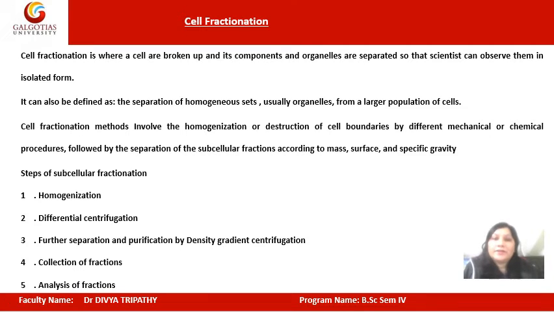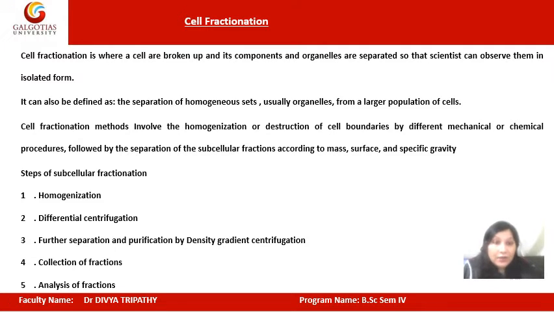Now coming to the topic, cell fractionation. Cell fractionation is a technique in which the cells are broken up and their components and organelles are separated, so that the scientist can observe them in their isolated form for further application or study, right? This can be defined as the separation of homogeneous sets, generally organelles, from a larger population of cells.